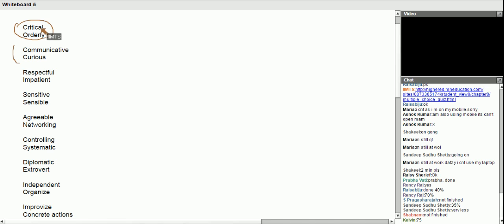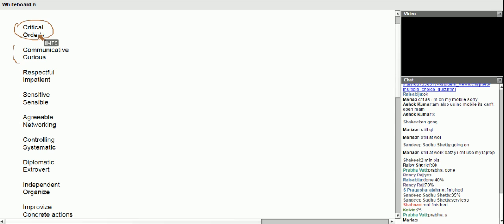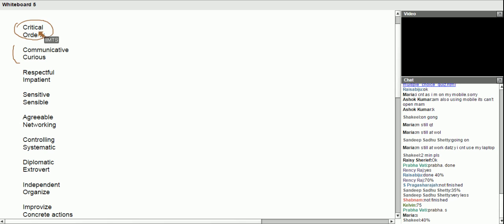Very good. Okay. So what you have to do, you can see groups of words here, right? Few groups of words are here. Out of the group, you have to choose one which suits your personality. Like, suppose someone asks me to choose one out of the two, I will say I am orderly.